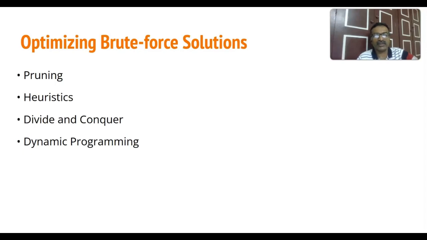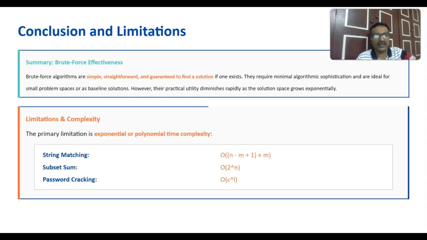Then we can use dynamic programming also. Some of them we will see in the upcoming sessions. So brute force algorithms are simple, straightforward, and guaranteed to find a solution if there is a solution. The solution space increases exponentially. That is why it is not practically used much.